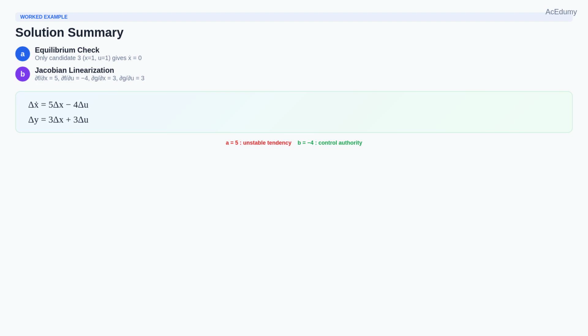In part B, we computed the 4 partial derivatives of f and g, evaluated them at the set point, and wrote the linearized model. The result? Delta x dot equals 5 delta x minus 4 delta u, and delta y equals 3 delta x plus 3 delta u. 2 parts. Clean Jacobian linearization. Done.